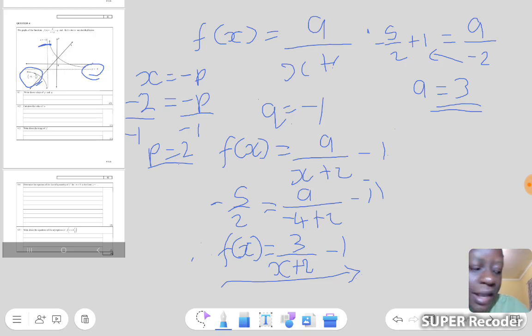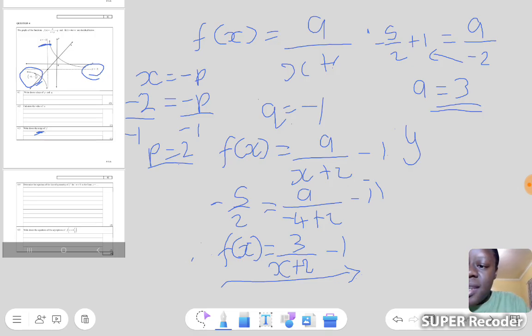It states to write down the range of f. Remember that whenever we talk about the range, we are talking about the y values.